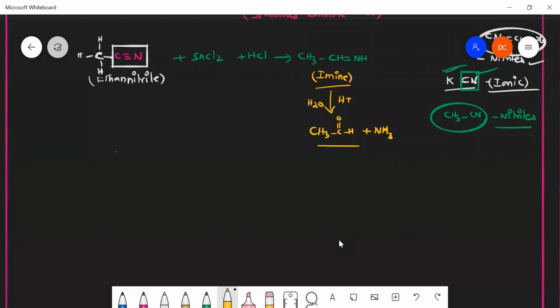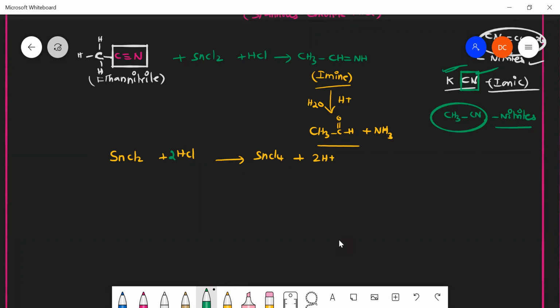This is a simple reaction: SnCl2 reacts with HCl and forms SnCl4 along with 2H+. If 2H+ are eliminated, 2 will be here.